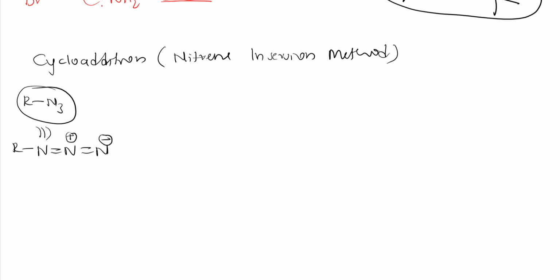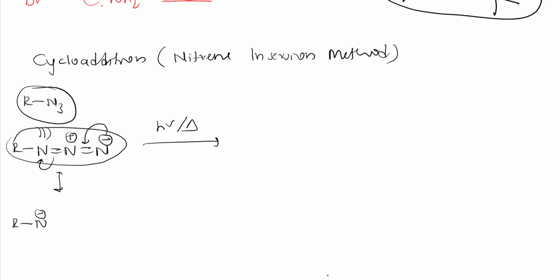To this, only this can also react, but in some conditions like harsh conditions, if we use heat, what happens here? Like this, electron density moves. These are the resonating structures. So RN minus comes, N triple bond N, and this nitrogen having positive charge, totally neutral, right?